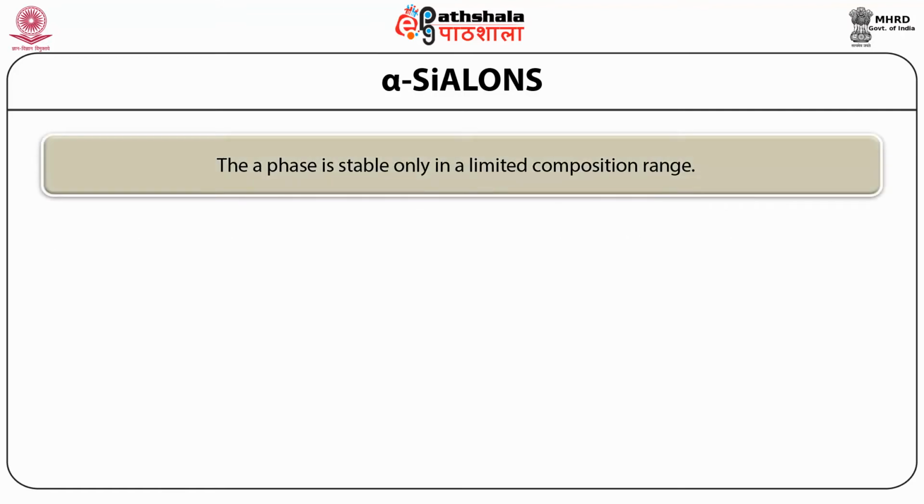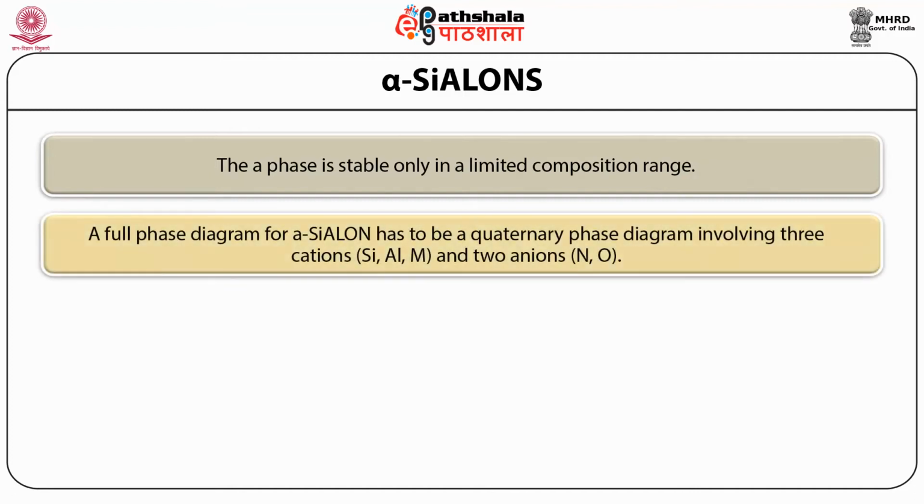The alpha phase is stable only in a limited composition range. A full phase diagram for alpha sialone has to be a quaternary phase diagram involving three cations, that is silicon, aluminium and M, and two anions, that is nitrogen and oxygen.